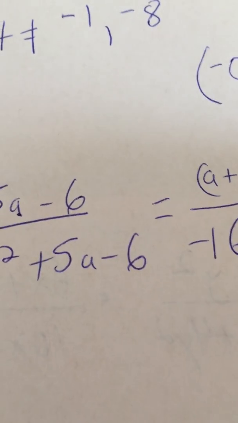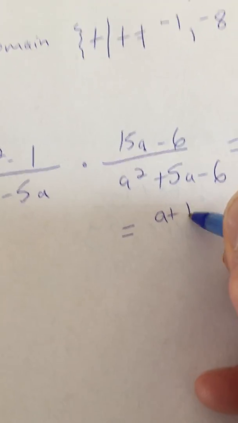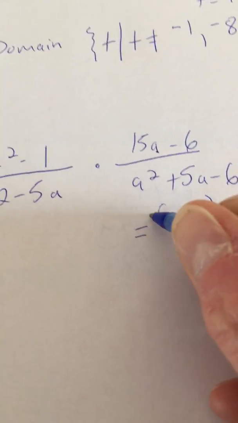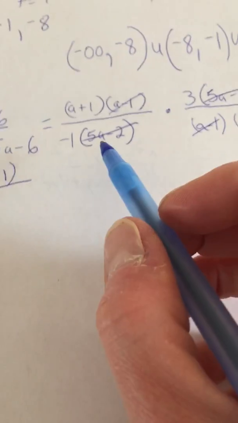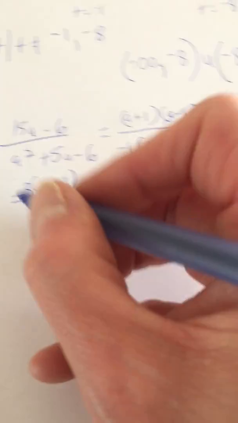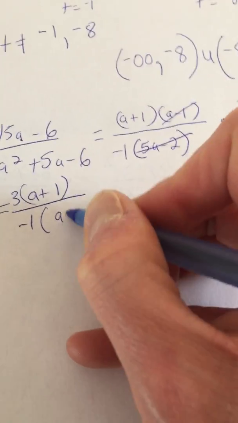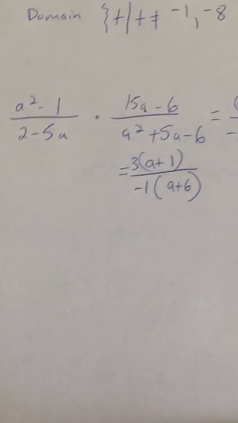Then I can cross those guys off. And really what I'm left with is a + 1 times 3 on the numerator. And then on the denominator, what I'm left with is this -1 and a + 6 times the quantity of a + 6. So that's that.